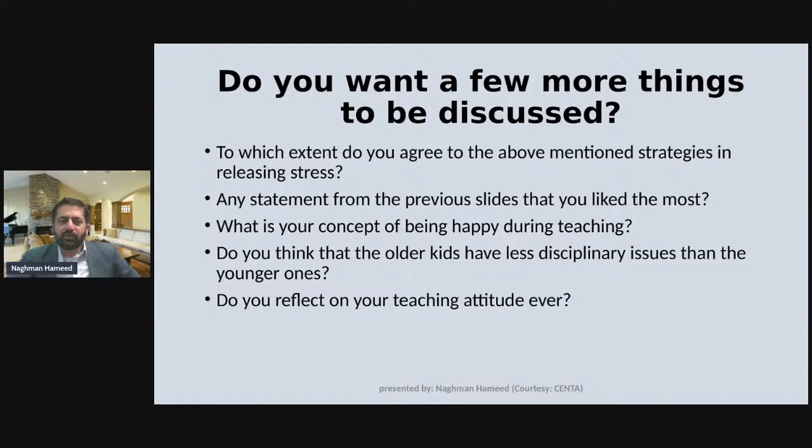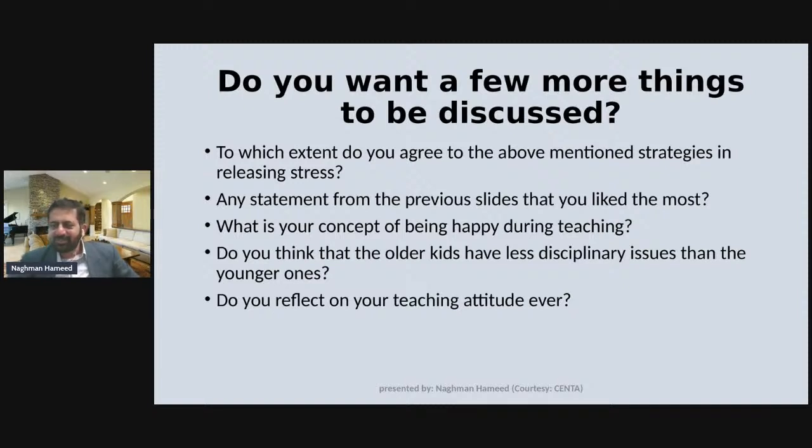I again require your formal feedback. To which extent do you agree to the above mentioned strategies in relieving stress? The ones I just mentioned, the somewhat unusual ones. Do you think they should be tried? Okay, thank you so much. Yes, you actually agree to try them. I really appreciate that.